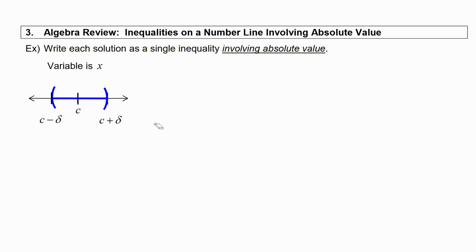Let's take a look at this first diagram where the variable is x. Now, if you're not familiar with this variable right here, that symbol means delta.